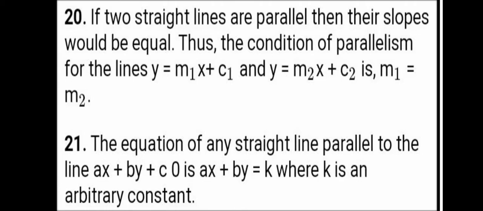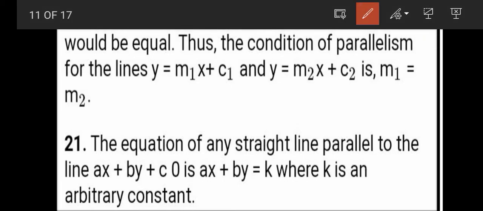Next, if two straight lines are parallel, then their slopes are always equal. Thus the condition of parallelism for the lines y = m1x + c1 and y = m2x + c2 is given by m1 = m2.